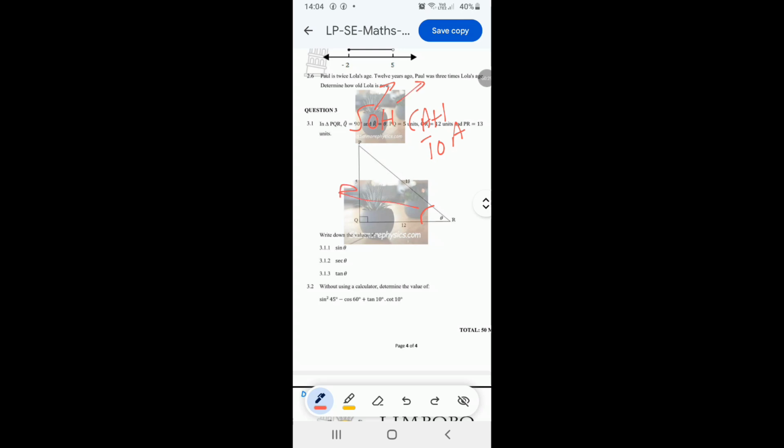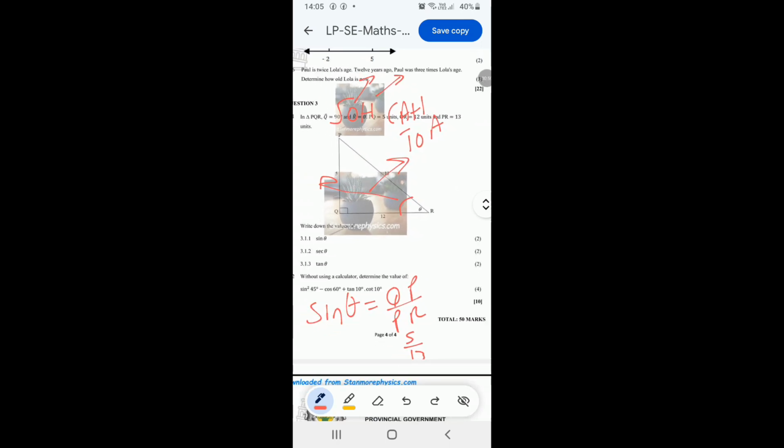This is opposite and this is hypotenuse. Therefore, sine theta is equal to opposite, QP, over hypotenuse, PR. So our answer is 5 over 13.